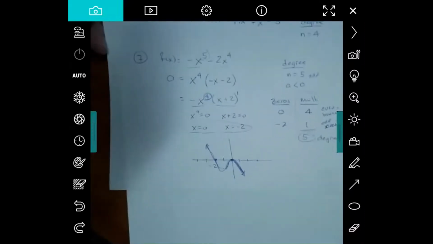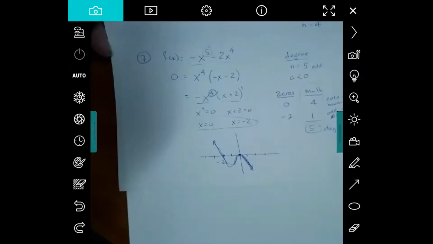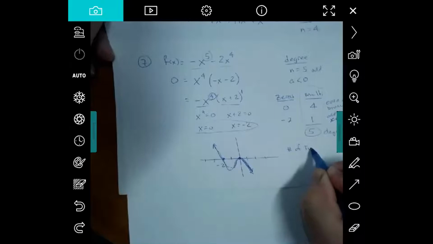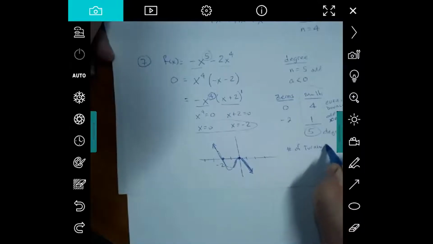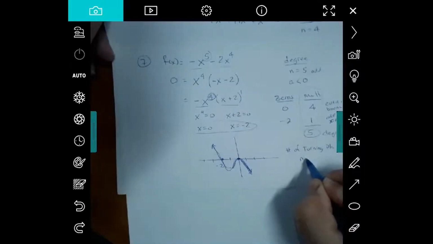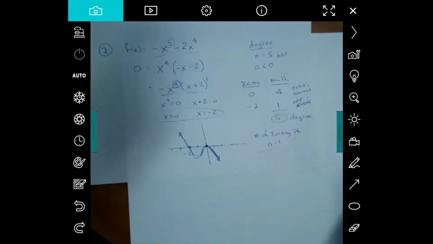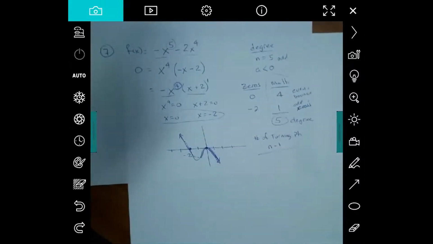On that question for the turning points, it's usually the degree minus 1. Yes. The number of turning points is always n minus 1. So that would mean going down, then up, and then back down.